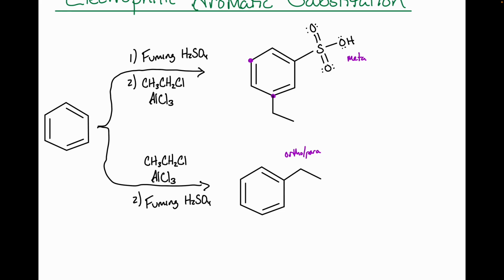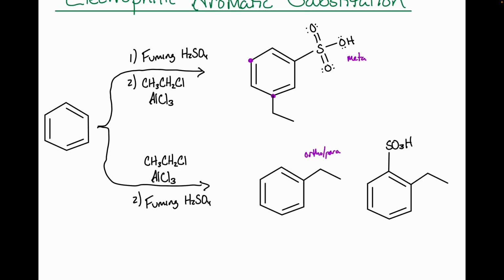These are the only ortho-para directors that don't have a lone pair directly next to the ring. We just got to know. So that means I'm going to have one product, my ortho product, and I'm also going to have my opposite side of the ring, my para product.